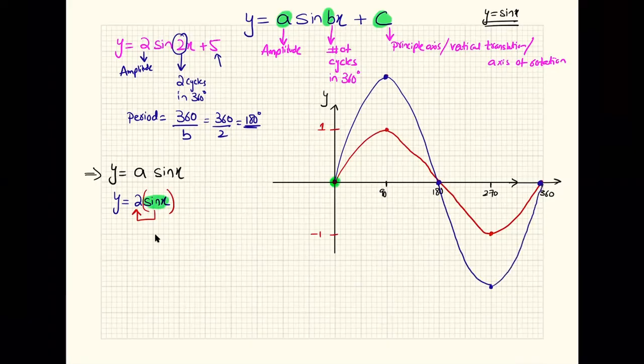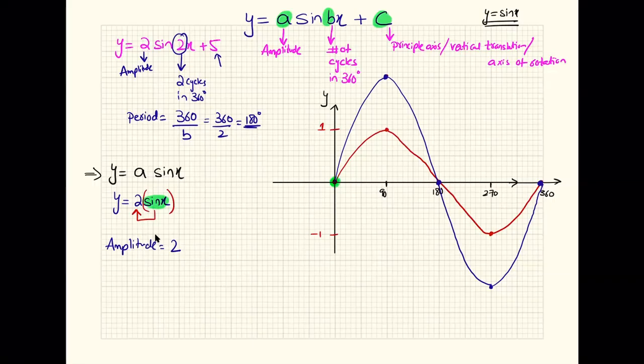Okay, so what you notice is the change in the amplitude. Previously, the amplitude was 1, and now the amplitude is 2. If we talk in terms of the transformation, you're going to say that there has been a stretch in the y direction.